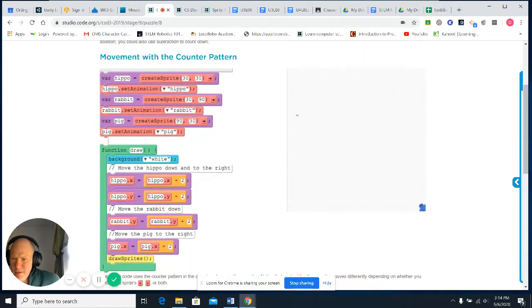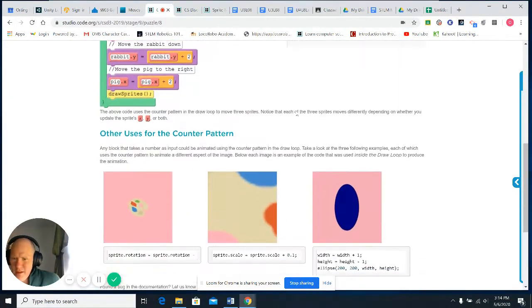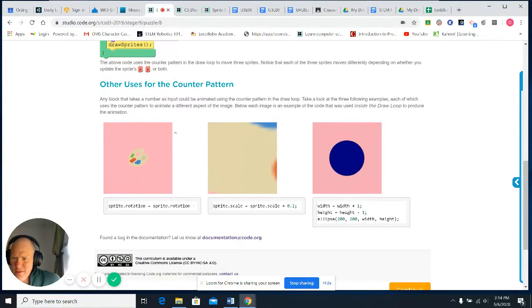So that could be helpful, just remember that. You get to this point, maybe you haven't done everything, go ahead and try everything again. And then other uses for the pattern. Look at this. This is rotation. Sprite.rotation equals sprite.rotation minus something. That's going to get this easel to turn around in circles. Sprite scale, take a look at that. It's getting bigger and bigger.